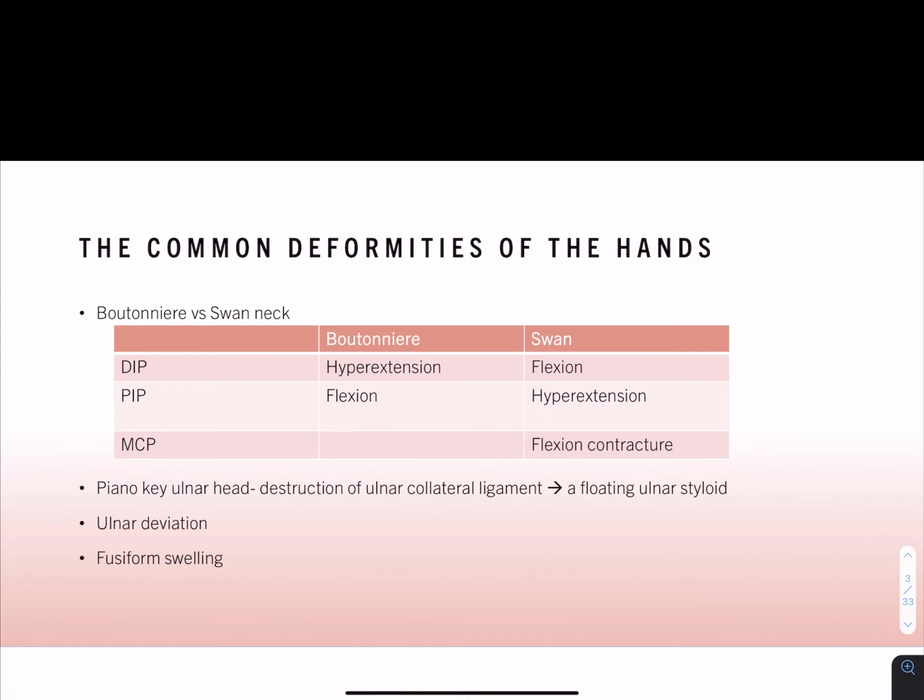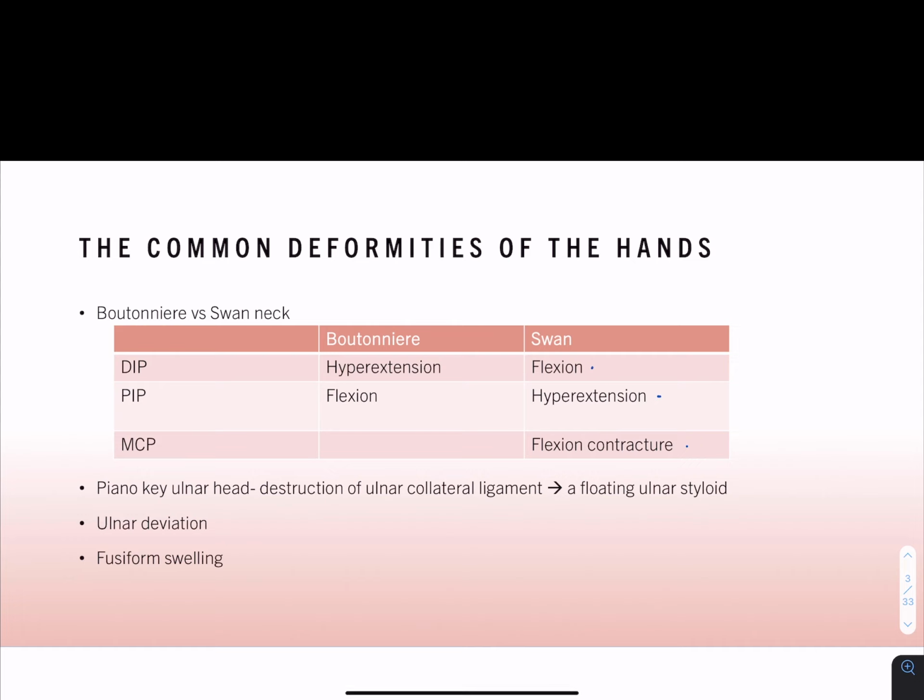So if you look at the chart up here, for boutonniere, there's a flexion of the PIPs and hyperextensions of the DIPs. And for the swan neck, it's the opposite, so flexion at the DIP level and hyperextension of the PIPs and flexion contractures of the MCPs.